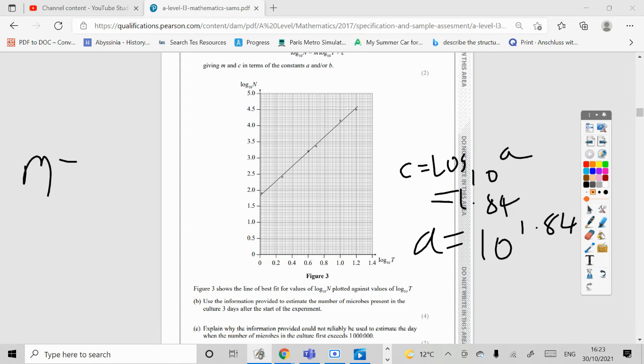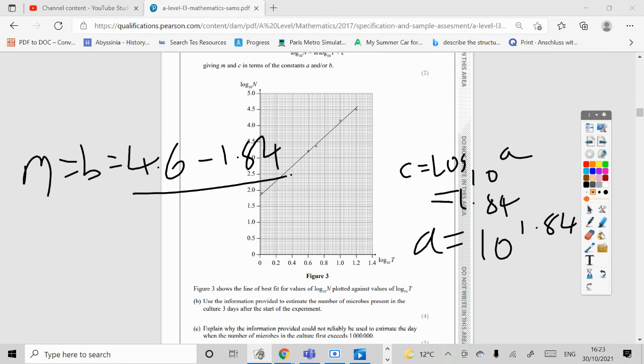The m, the gradient, is b, which is, now I'm going to have to read off these values. That higher one up there is about 4.6. Take away the 1.84 I've just found, and I divide that by that low one down there, which is 1.22 on the log base 10 t axis.